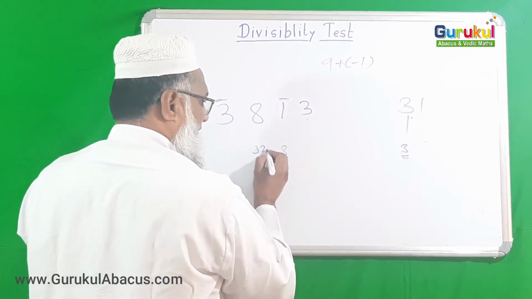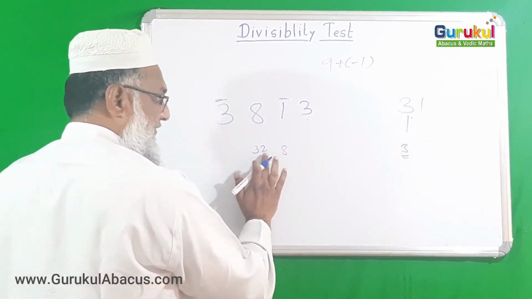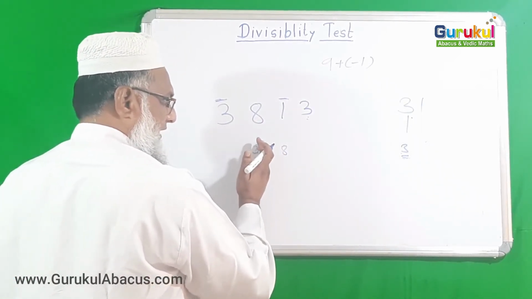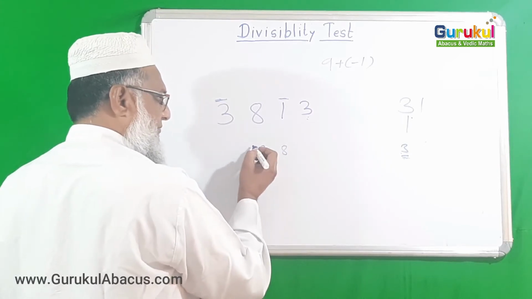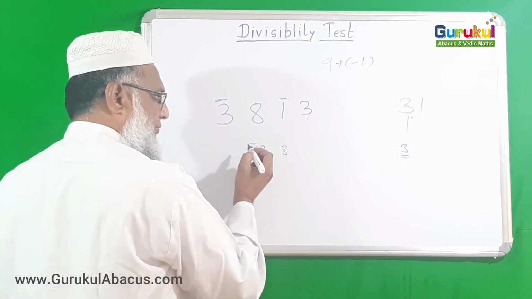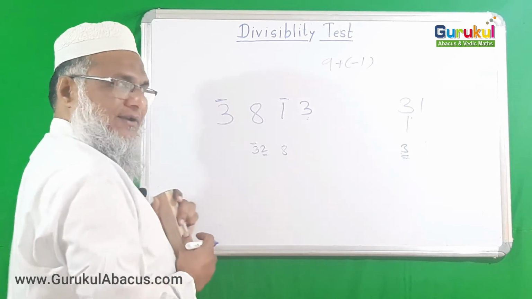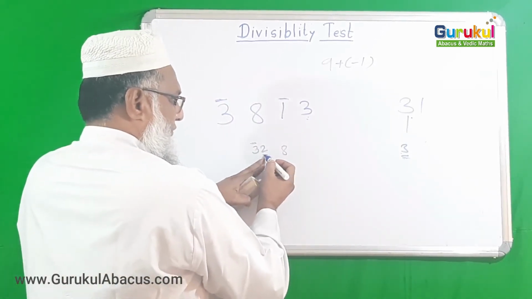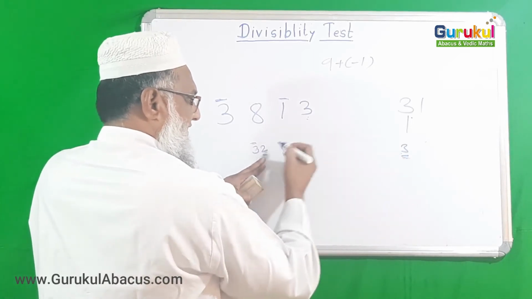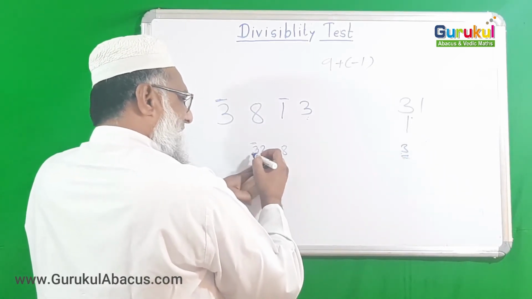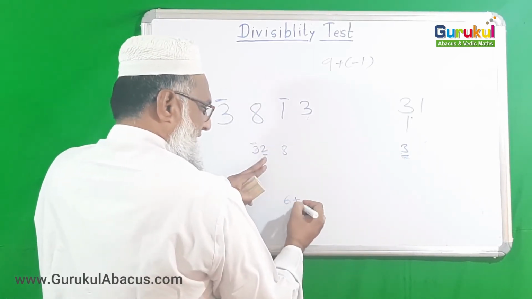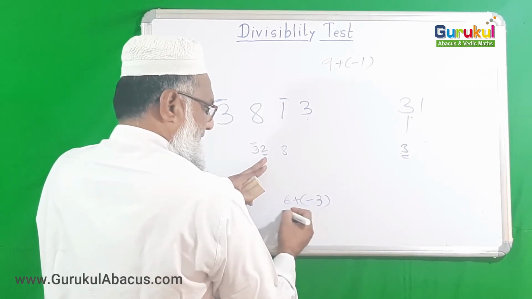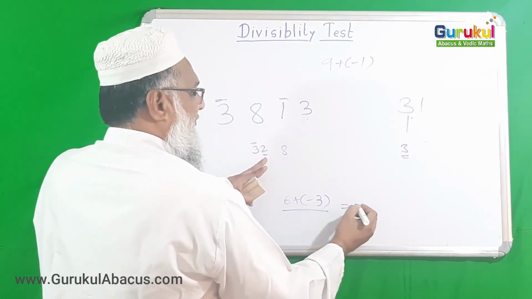But in the 32 what condition is there? If it is two digits, then leaving the unit place, we should add a bar on the rest. So no problem. Then next, 2 3s are 6, and in 6 you add it. So 6 plus minus 3, it becomes 3 for you.